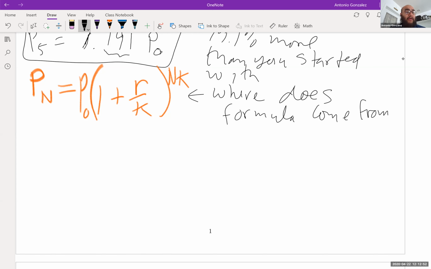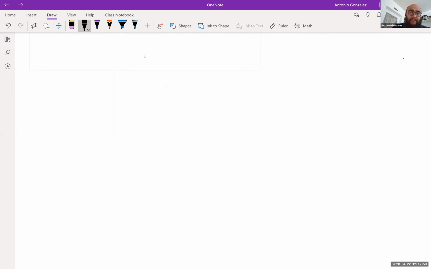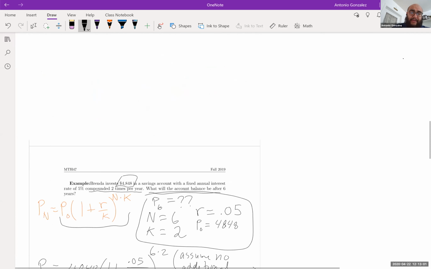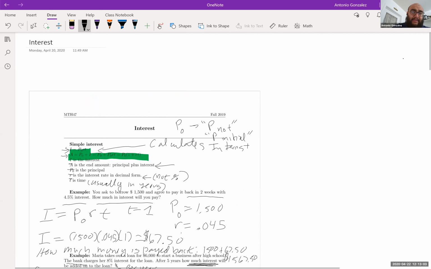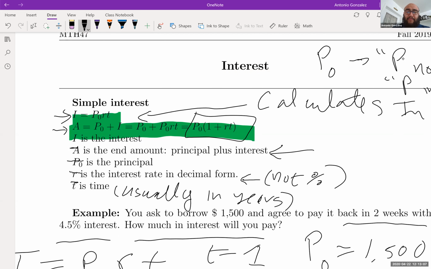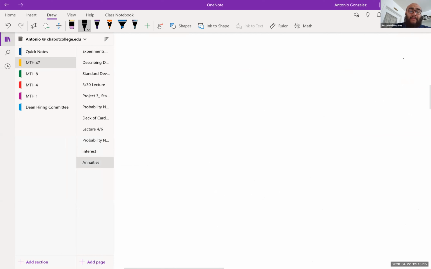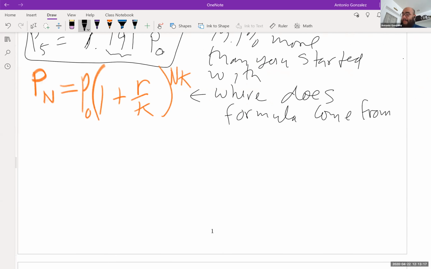If you recall from yesterday, it just has different names for the variables, but let's go back to A, it really comes from this formula here, where we adjust for the different compounding periods. But it really is just a variation on that one, and I'll show you what I mean.